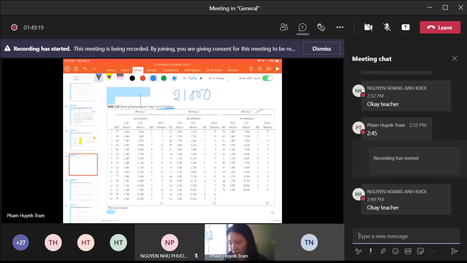Let's start with bearing number 1. How long does it last? We generate a random digit corresponding to the life of the bearing: 1,400 hours.